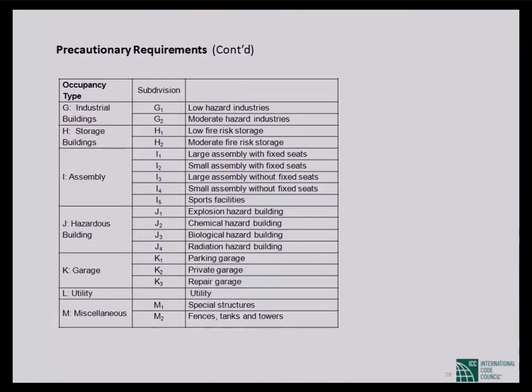And there is G, which is industrial building, then H is storage, I is assembly, J is hazardous building, and garage, utility, and miscellaneous. Actually, these names are taken from the BNBC, but sometimes we need to compare with other international laws as per NFPA, IBC, or Indian standard, and in almost every case there is some variation.